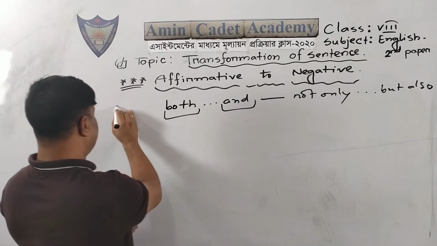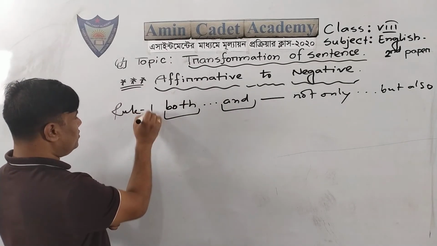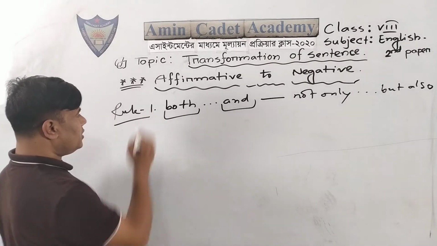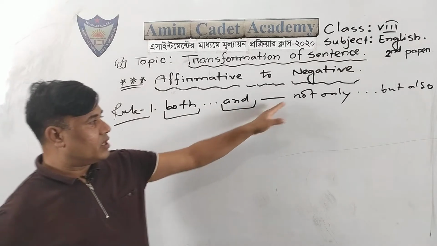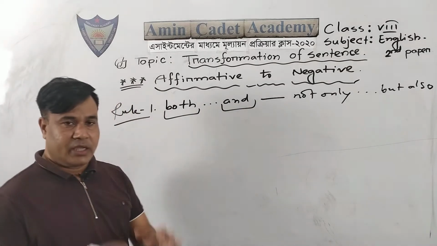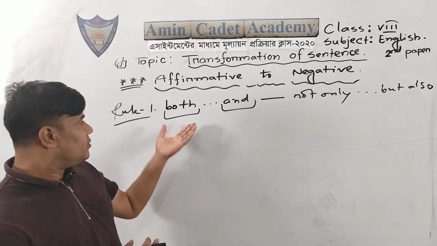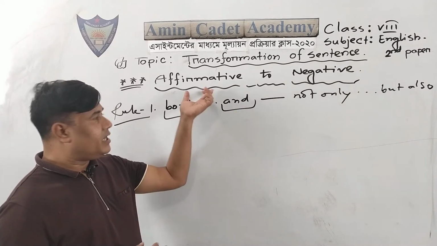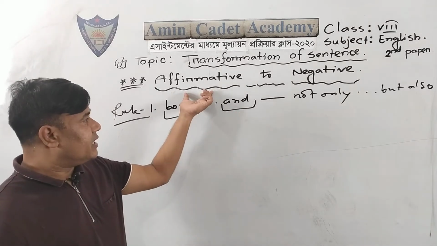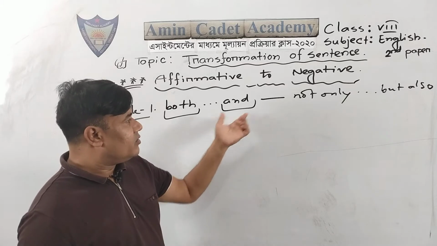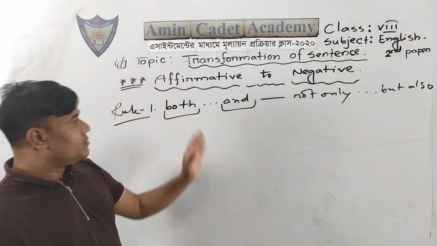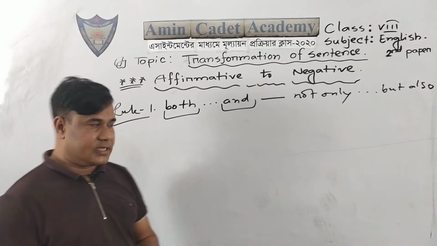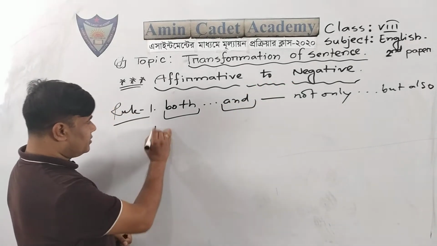This is the rule. Rule 1: both ... and equals not only ... but also. If you find both ... and in any affirmative sentence, then you will write not only ... but also when you transform this sentence into a negative sentence.